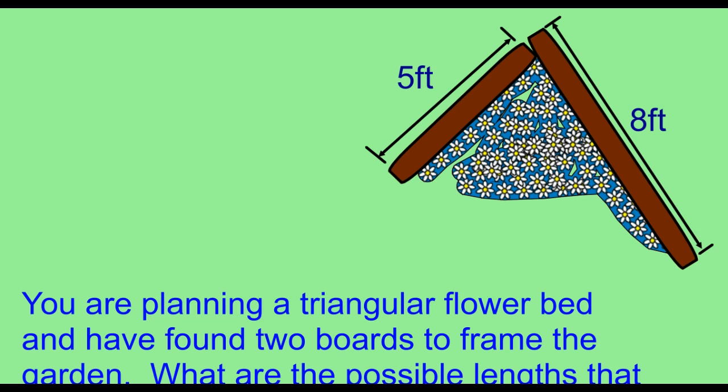What are the possible lengths that you could make that third side here? So this all comes down to what we are going to label that third side. Let's call it X, because math people love X for their variable.